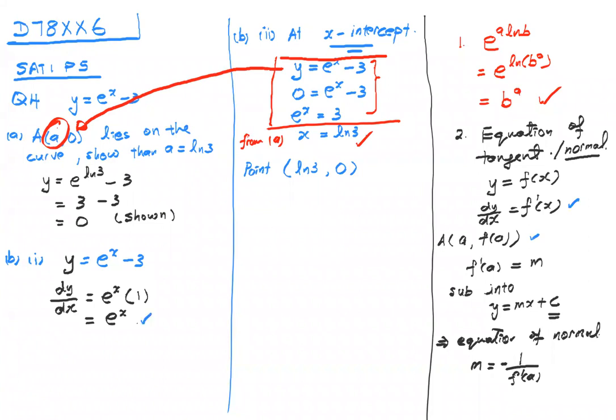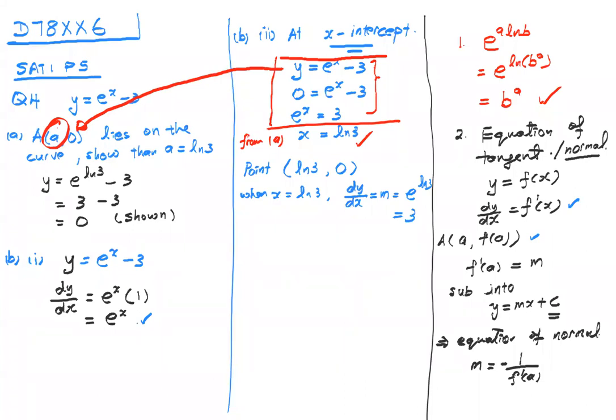So now I find when x equals ln 3, dy/dx, that is the gradient of the tangent, equals e to the power of ln 3, which is 3.